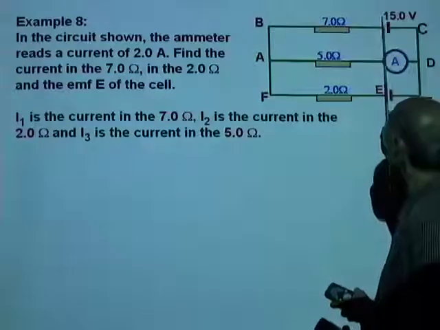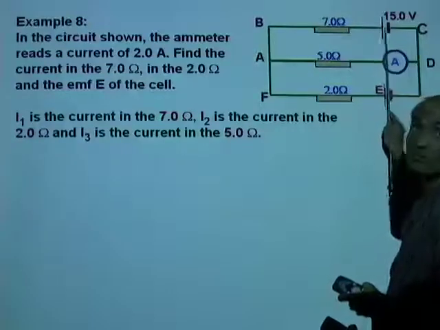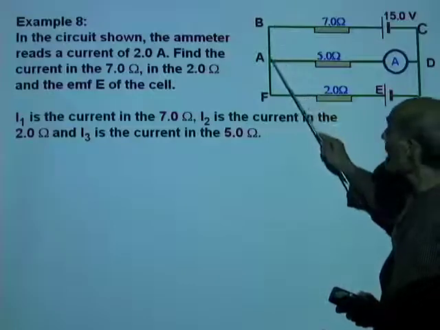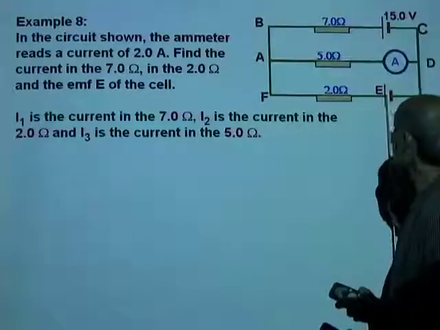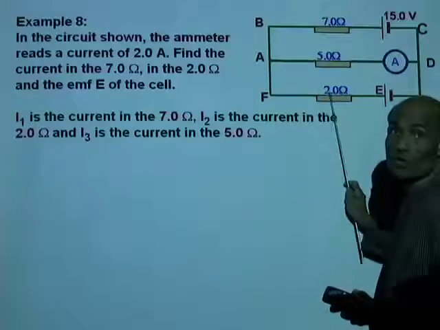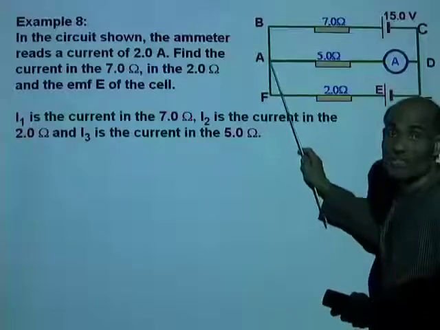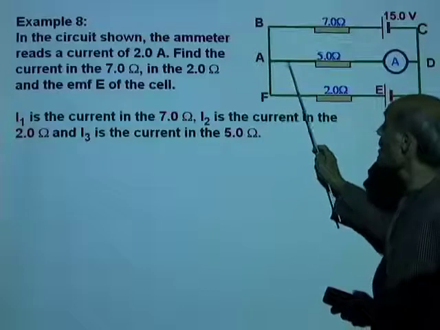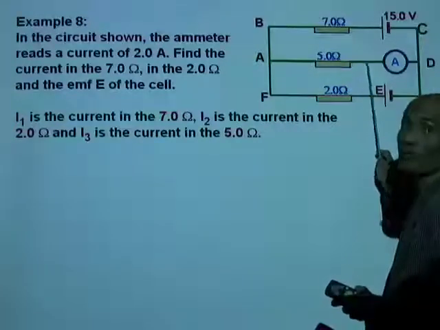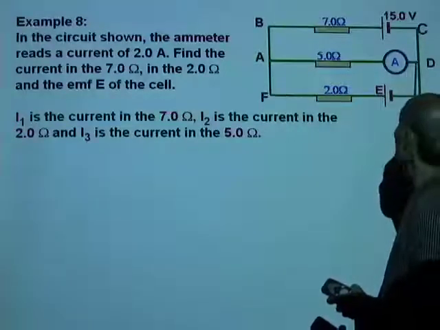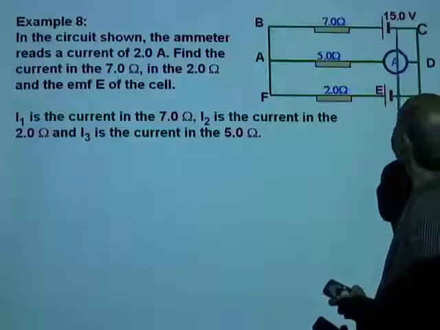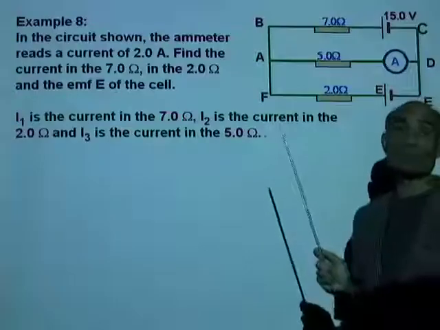So you can assume like this, a current from this battery flows like this, reaches A. A current from this battery also flows like this and reaches A. And those two will now combine and go through the 5 ohm and through the ammeter, comes to D and splits and goes their different ways.